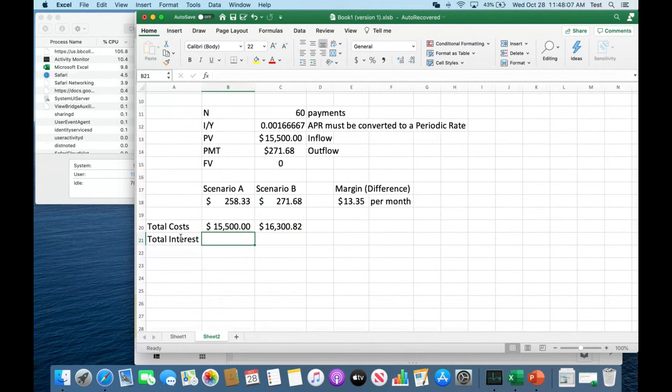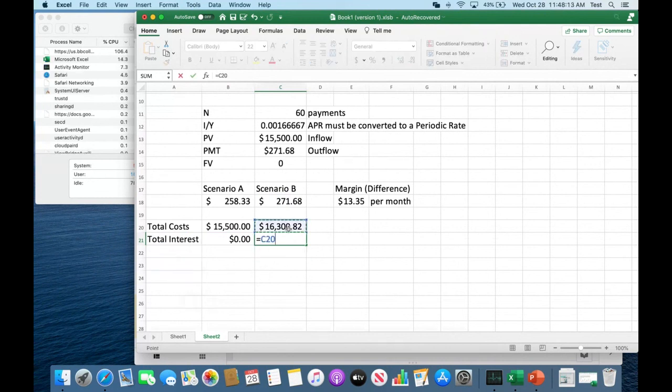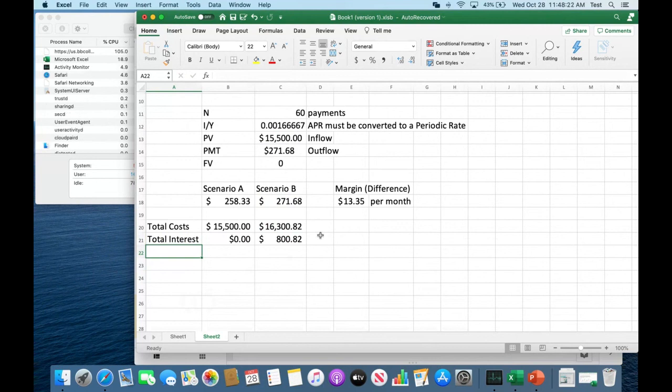Of course, the first one, because we didn't finance anything, would be 0, right? But for the second one, I can take that total cost to me and subtract the principal. And so I'll find that if I finance this vehicle for 5 years at 2% interest annually, and I make all my payments on time, I'm going to pay an additional $800 across 5 years to own this car.